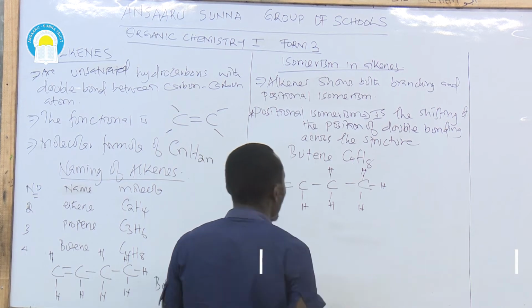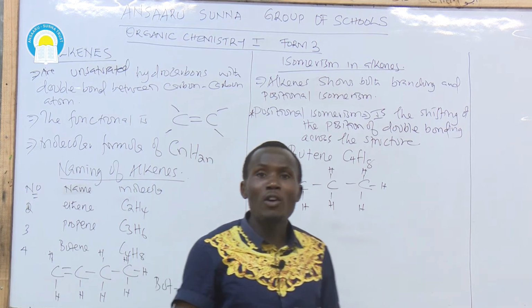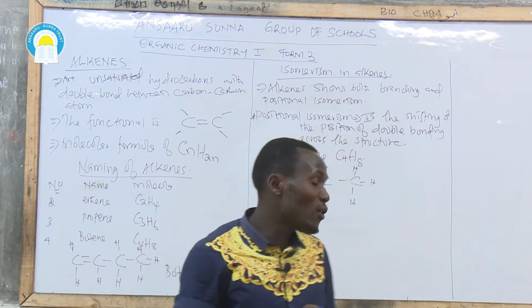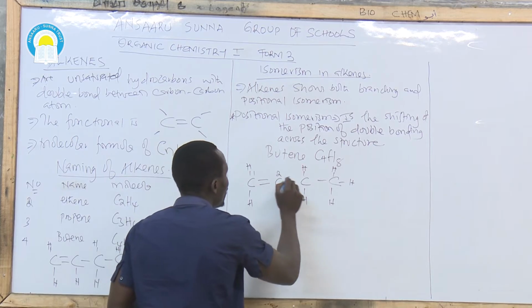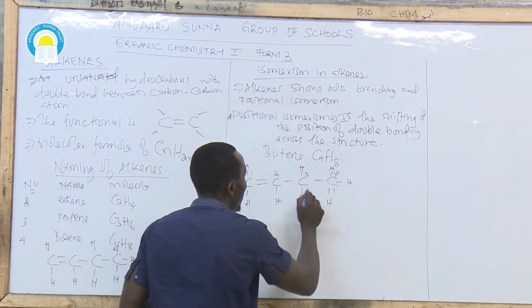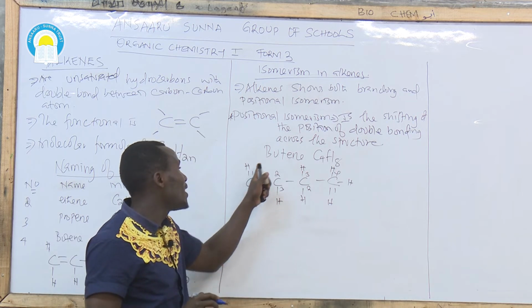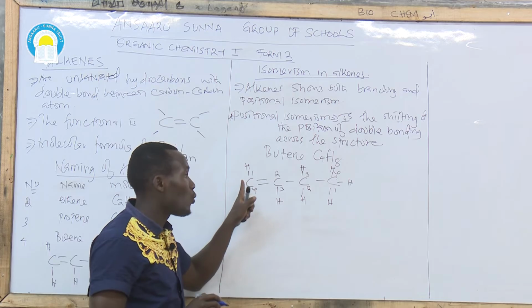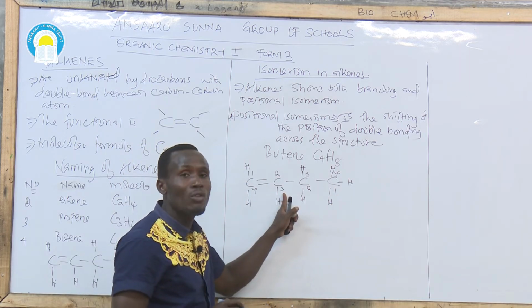When it comes to naming, the position of the double bond should be given the lowest number possible. If we start naming from this end, this is 1, 2, 3, 4, so the double bond is nearer to this end and is given position 1. When we start from the other side, the double bond will be on position 3.